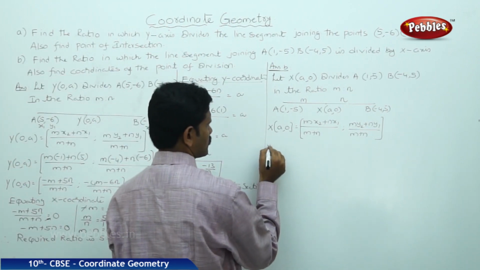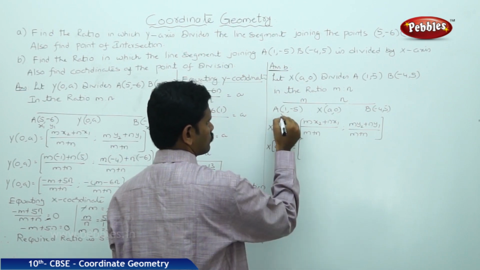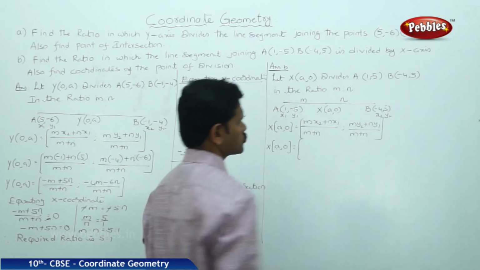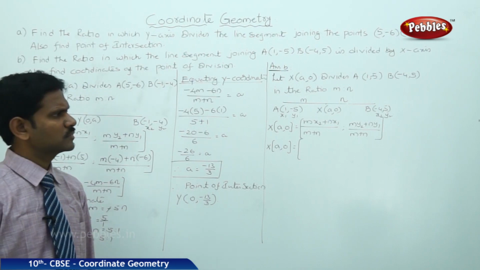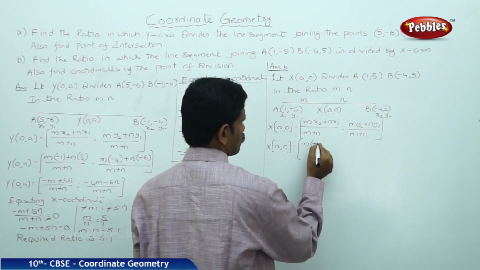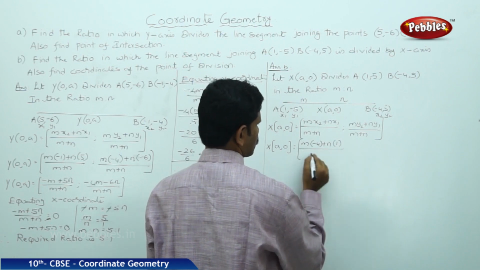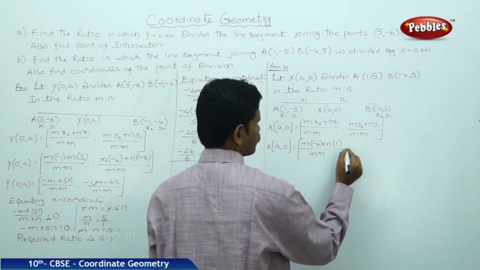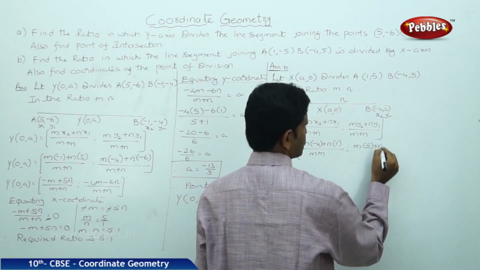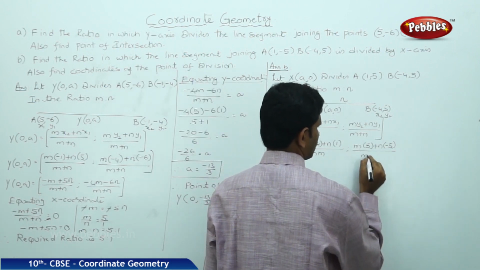That is, X of (a comma 0) equal to, with x1 y1, x2 y2: m times x2 minus 4 plus n times x1 1 by (m plus n), m times y2, nothing but 5, plus n times y1, which is minus 5, by (m plus n).